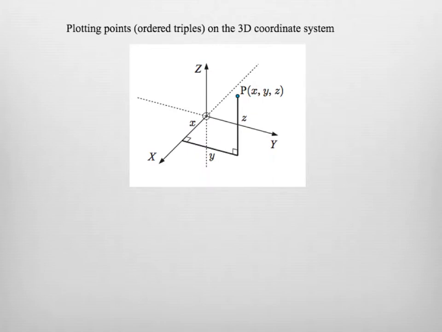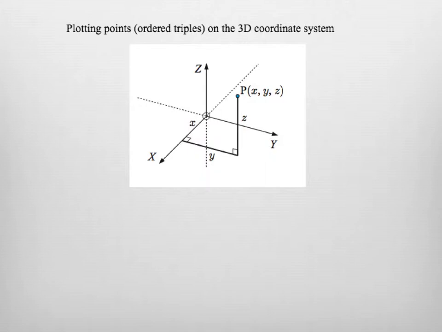Okay, so plotting points on the 3D coordinate system looks like this. Here we have a point P, and its coordinates are some x, some y, and some z. Okay, we're going to assume just for this picture that x, y, and z are positive values.